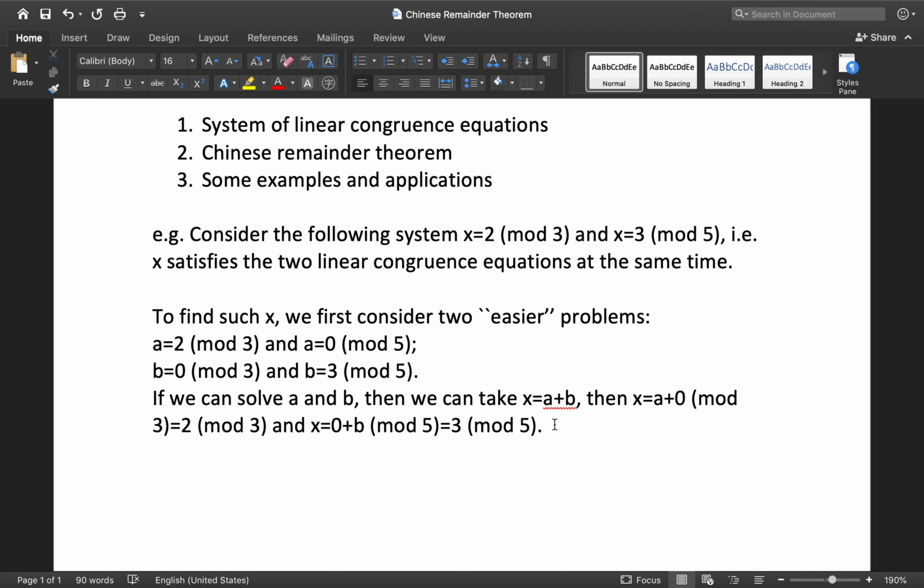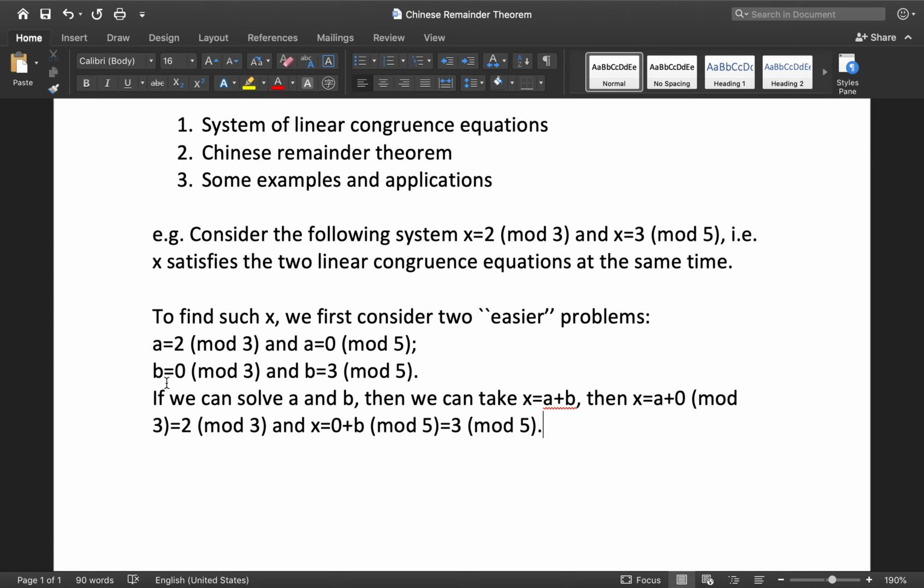So in other words, once you know how to solve a and b, you solve x automatically. Of course, you have to know that you can take the sum. If you don't know you can take the sum, of course you couldn't solve the original problem. Anyway, that's the key. To solve the original problem, we break it down into two simpler problems. It's an easier problem, as I said.